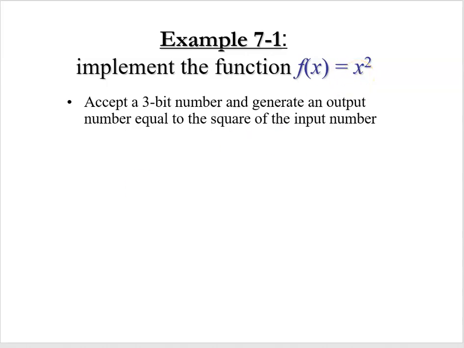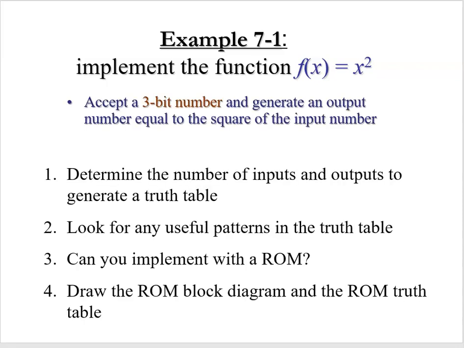If we have a 3-bit number, those are our 3 inputs, and a 3-bit number can be anywhere between 0 and 7. The square of 0 is just 0. The square of 7 is 49. So how can we represent each of those outputs? To represent 49, we need 6 bits at our output.